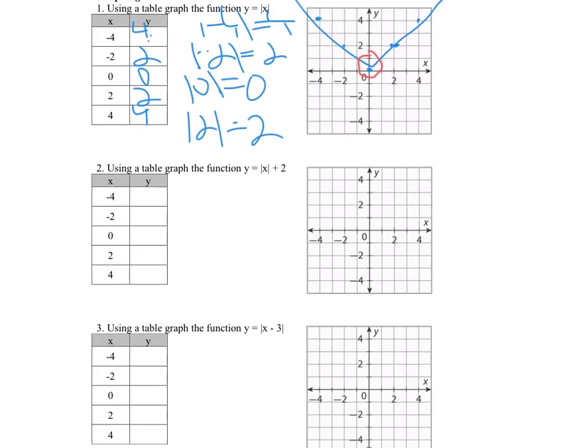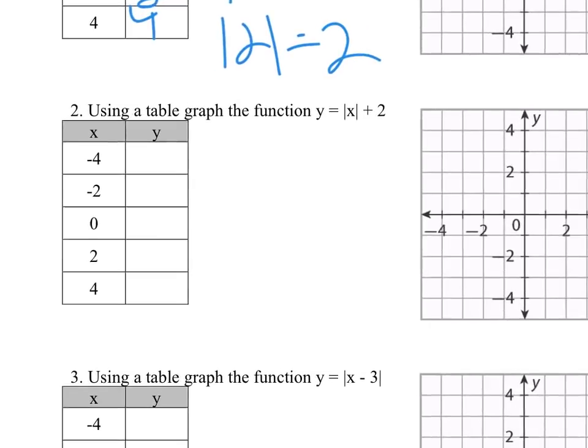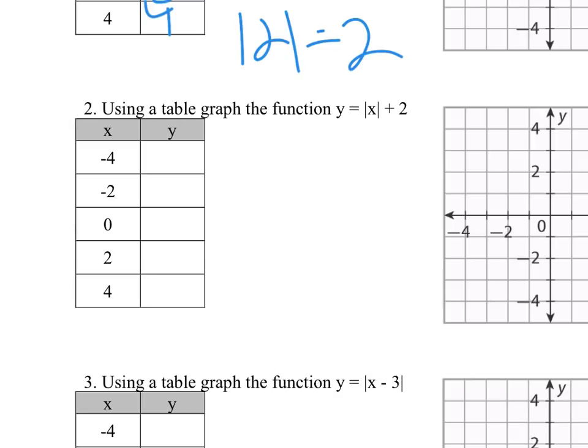All right, number 2. So now using our table, we're going to graph the function y equals absolute value of x plus 2. Same deal, but now we've got a little extra work. So I'm going to have the absolute value of negative 4, and then plus 2. That becomes positive 4 plus 2, which is now positive 6. We get negative 2, absolute value plus 2.